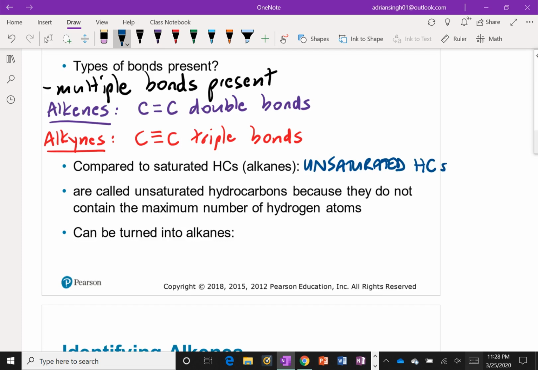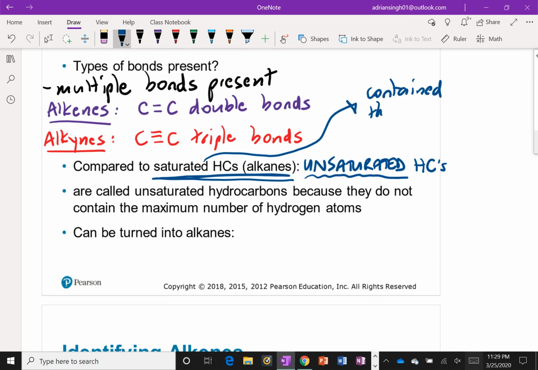hydrocarbons. They're called unsaturated because they don't have the maximum number of hydrogen atoms connected to the carbons. If you remember when we talked about the alkanes, they were called saturated because they contained the maximum number of hydrogens.